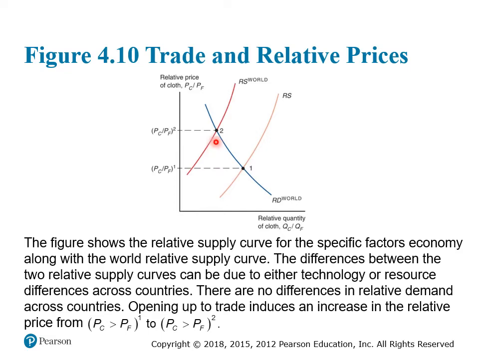So at this point, the relative supply of the world is much lower. So there is less cloth available or produced internationally. So what happens is that when the economy opens to trade, the price of cloth will increase to this point. And why? Because the relative supply of the world is at point 2, and that's much smaller than the relative supply before engaging in trade.